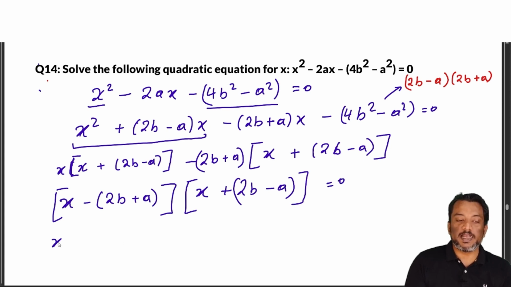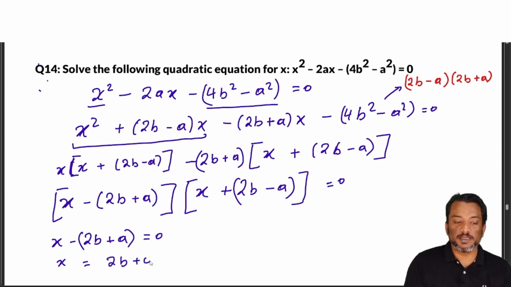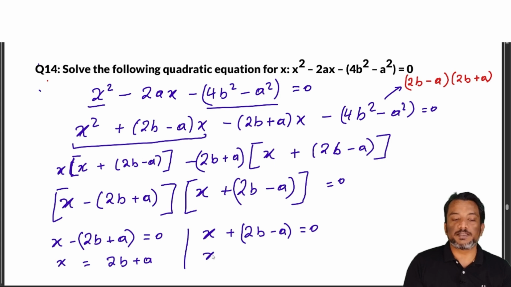So x minus 2b minus a is equal to 0, and x is equal to 2b plus a. In the same way, take the other one: x plus 2b minus a is equal to 0, so x is equal to minus 2b plus a.